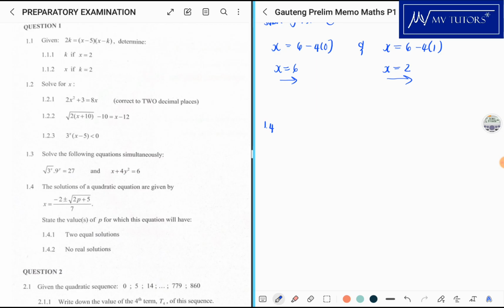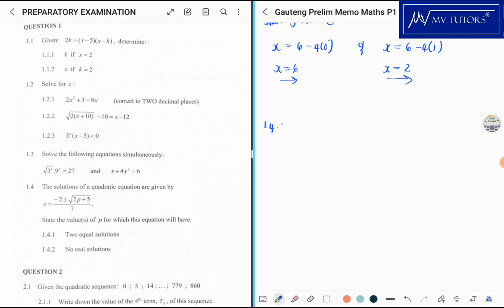It says the solutions of a quadratic equation are given by that. All right, x is equal to negative 2 plus minus the square root of the discriminant over 7. Now it says, state the value or values of p for which this equation will have two equal solutions.